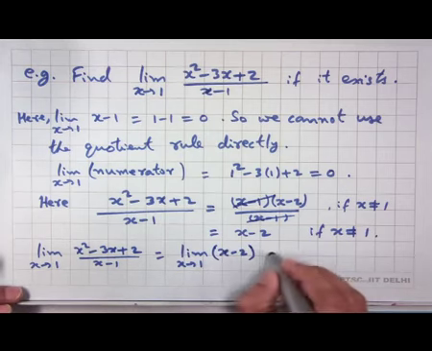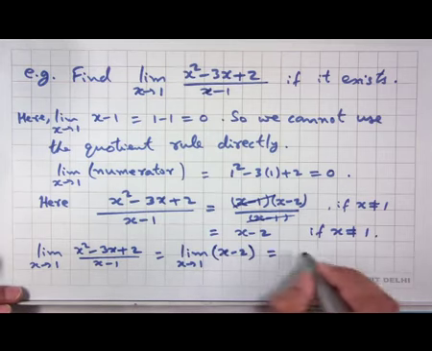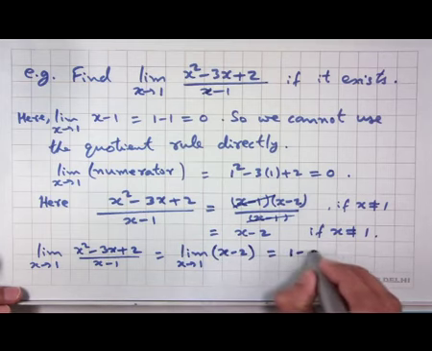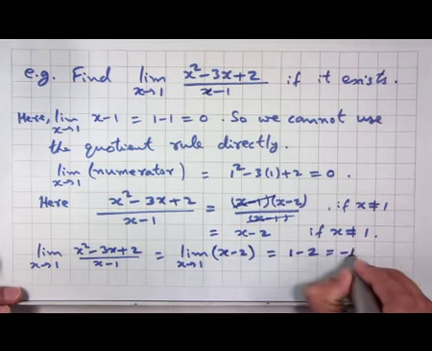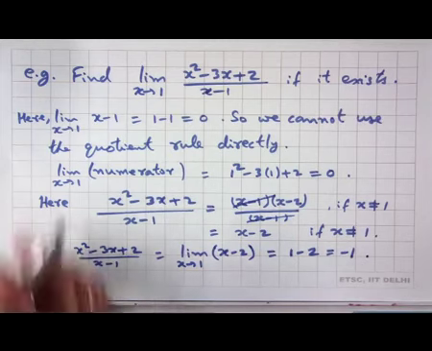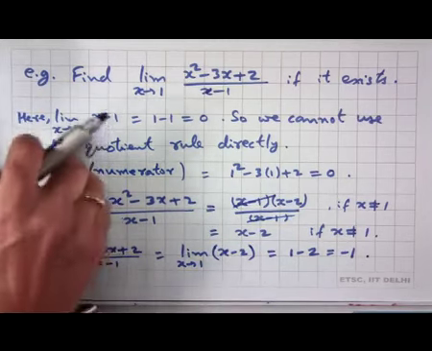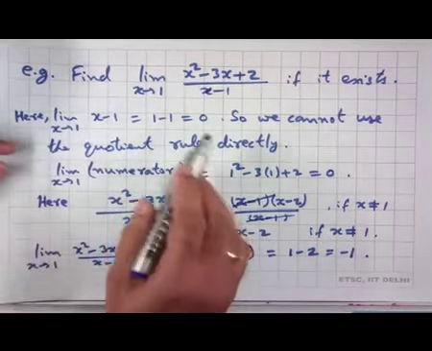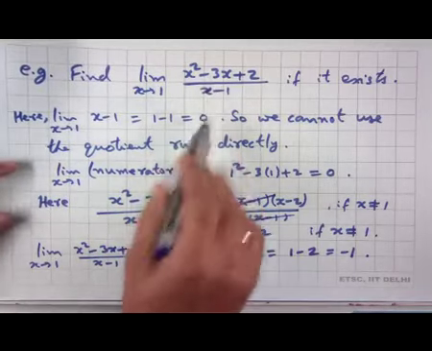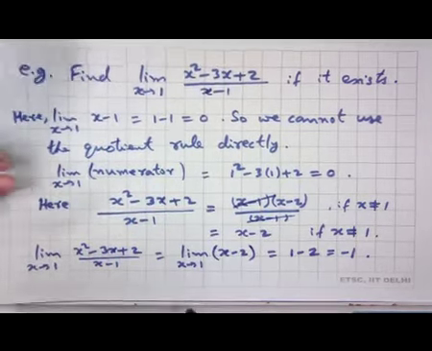So, this is again just a polynomial. So, this is 1 minus 2, which is minus 1, right. So, in this example we see that even though the limit of the denominator is 0, the limit of the quotient might exist, right. So, this is one way of trying to find the limit.